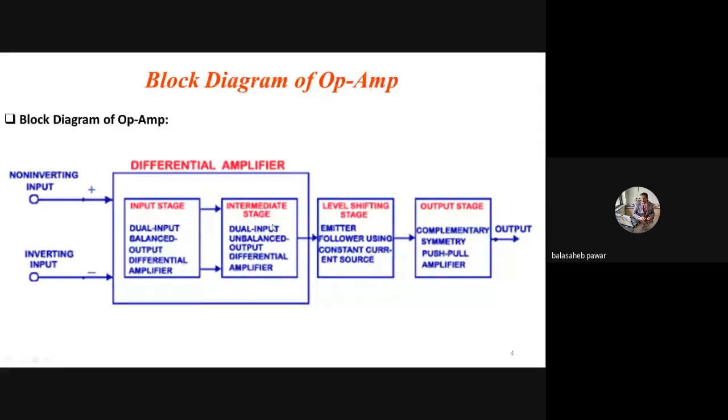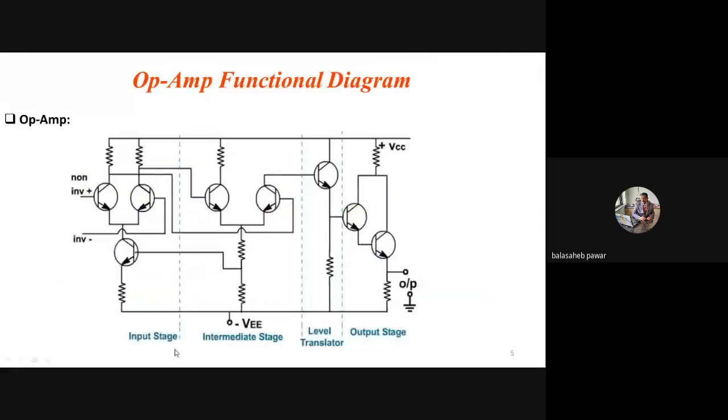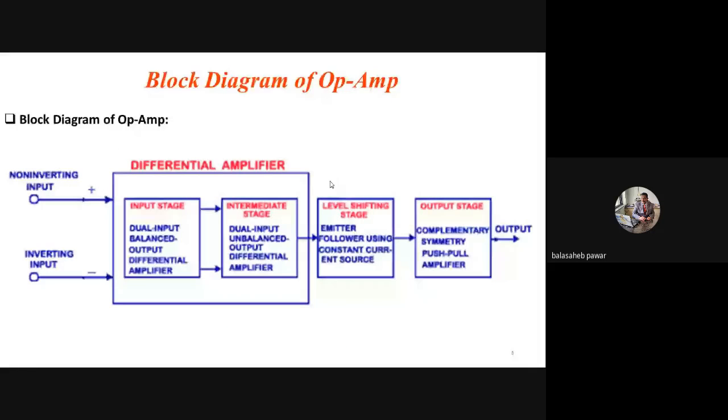Why unbalanced output? Because from the second stage, output is taken out only from the collector of one transistor. That means we can call it a single-ended output, and hence it is known as unbalanced. And that single-ended output of the second stage is given as an input to the next stage, that is, the level shifter. Got it? Now I think you are very clear about these two types of differential amplifier.